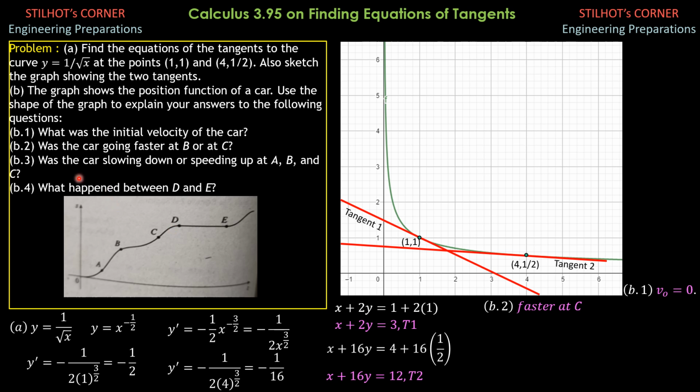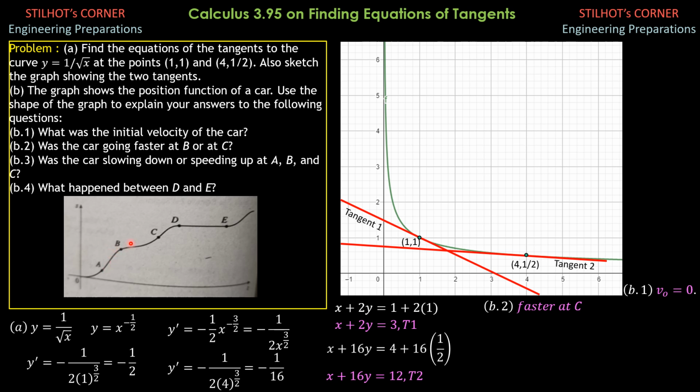Then B.3, was the car slowing down or speeding up at A, B, and C? At A, of course, the tangent is almost steep, almost vertical, so it is speeding up at A, and the slope is increasing.